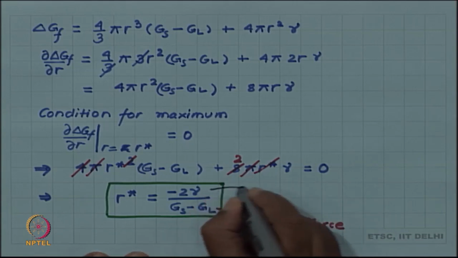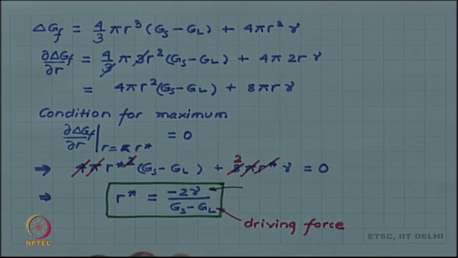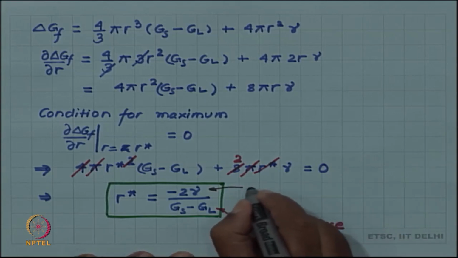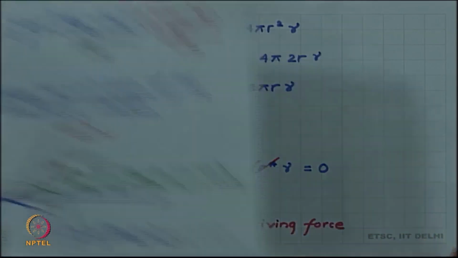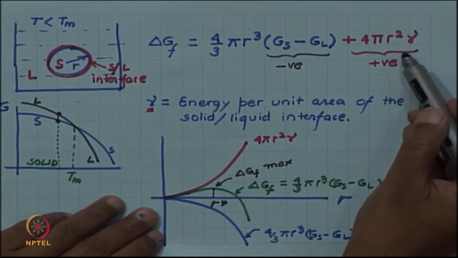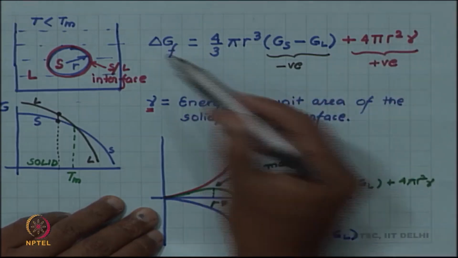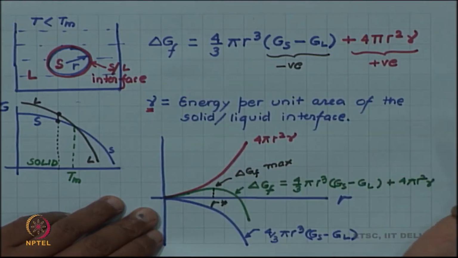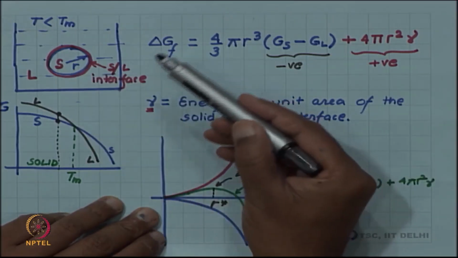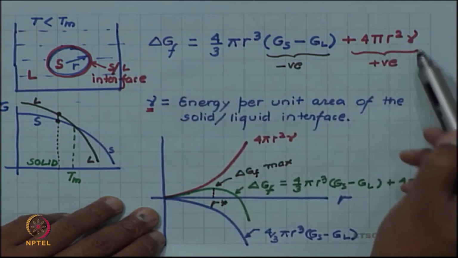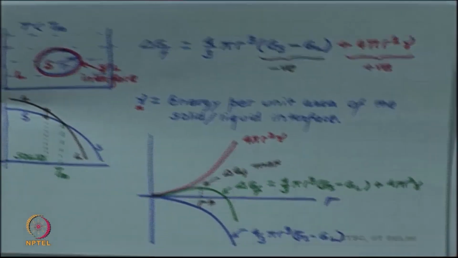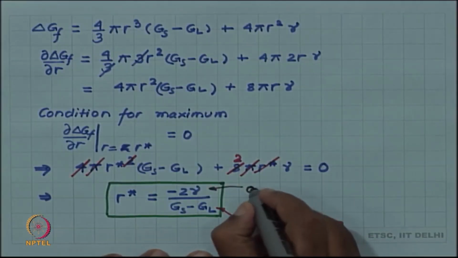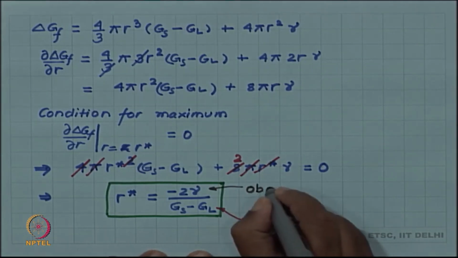On the other hand, you can see that gamma is in the numerator. This gamma is actually an obstacle to nucleation. We saw that the surface energy term was making a positive contribution to delta Gf, which is thermodynamically not liked. If the transformation has to happen, you want to reduce the free energy and not increase the free energy, and 4 pi R square gamma was trying to increase the energy of the system. So, this is in a kind an obstacle to nucleation.